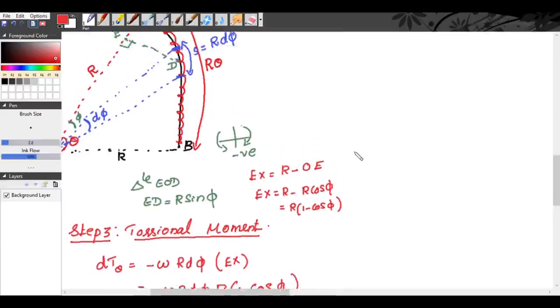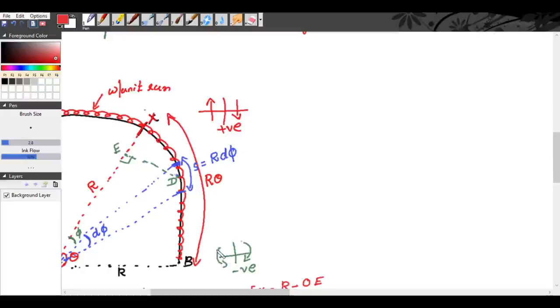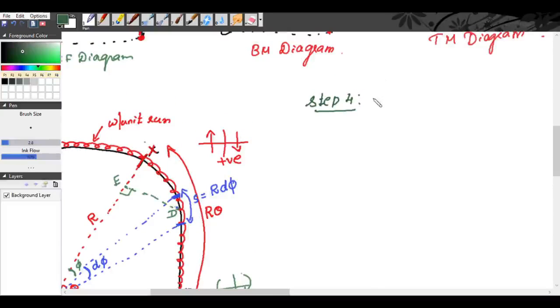Now our last step, step 4, we will be finding the deflection. We are asked to find the deflection at the free end B. For finding the deflection at the free end, see the same concept which you have studied in structural analysis 1.